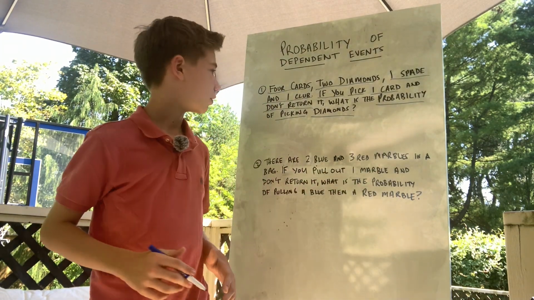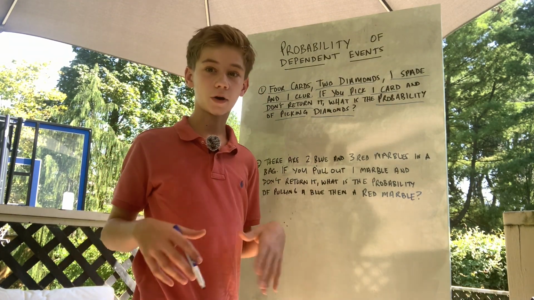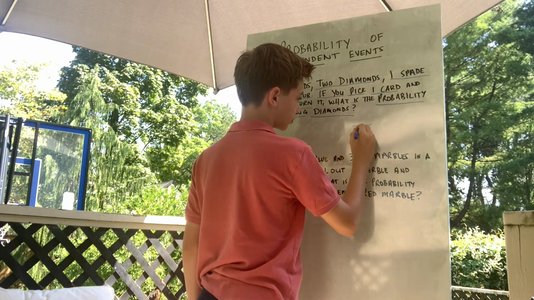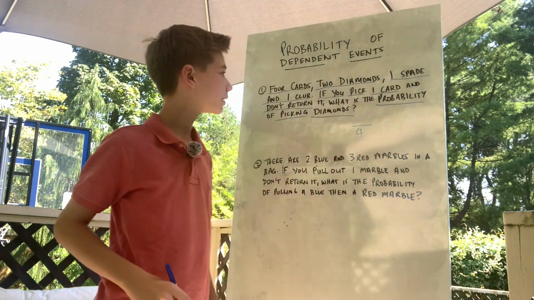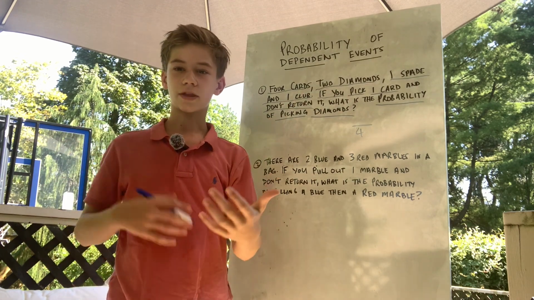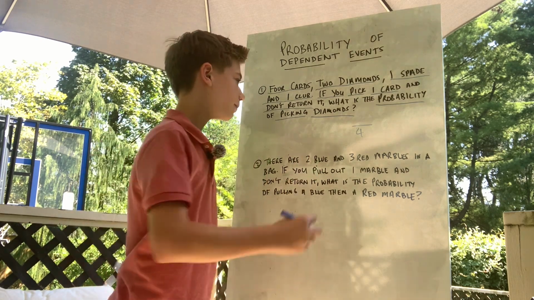Alright, so what is the probability of picking diamonds originally for our first probability? Well, we know that there's 4 total cards, so we're going to put that in our denominator, and there are 2 diamonds, meaning 2 out of the 4 are diamonds, meaning 2 out of 4 is our probability for picking a diamond.